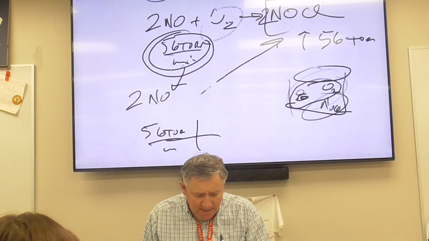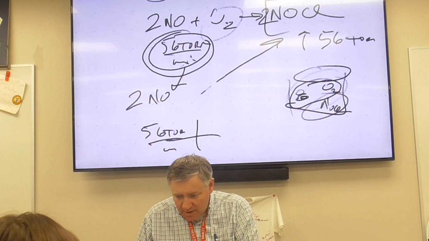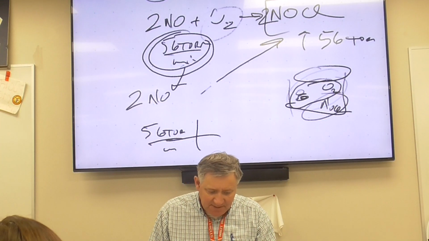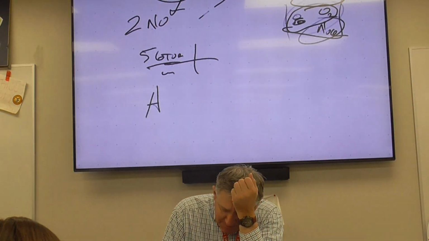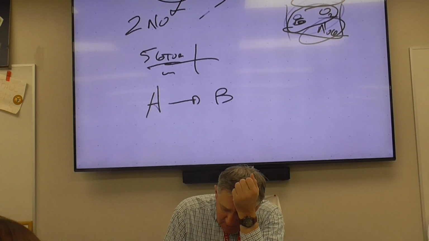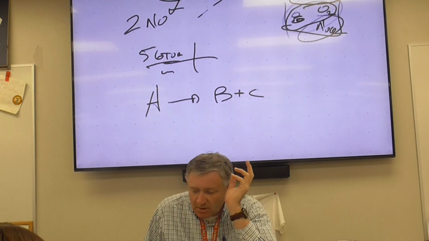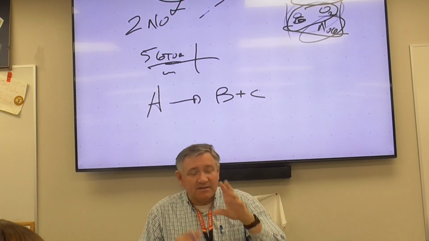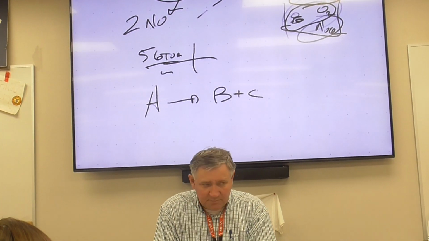There's another one kind of like that, which is 34 on that photocopied page. It's a similar type idea. So on this one, you have this hypothetical A turning into B plus C, okay? So this is where, again, I beg of you, just don't get wrapped up in the numbers.